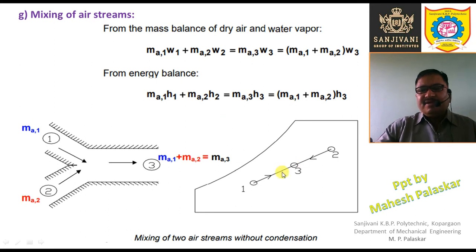And by mixing we can obtain the required condition of the air by just controlling the mass of these two streams. If you control the quantity of the air coming from these two streams, then we can control the point 3 also, the conditions of the air at point 3, up to some extent.